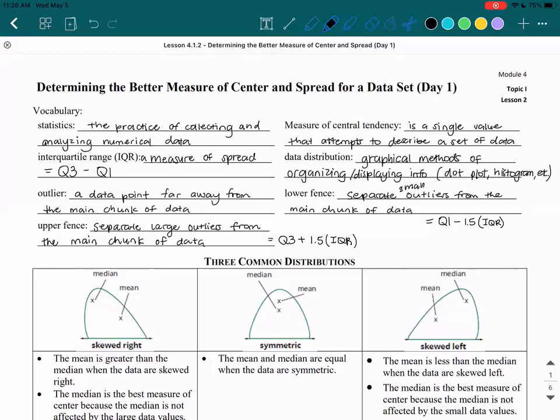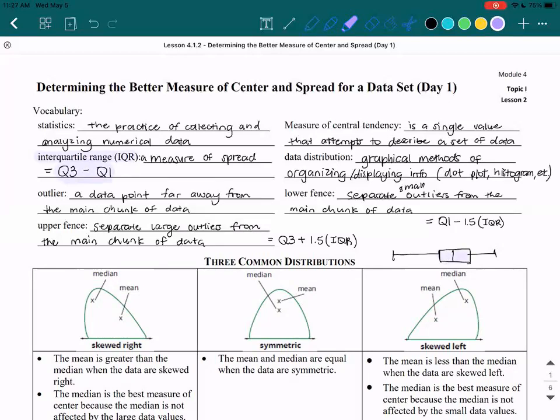So remember, in your box and whisker plot, we have Q3. I'm just going to draw a box and whisker plot here. So your IQR is Q3 minus Q1. So it literally tells you how spread apart this section is.